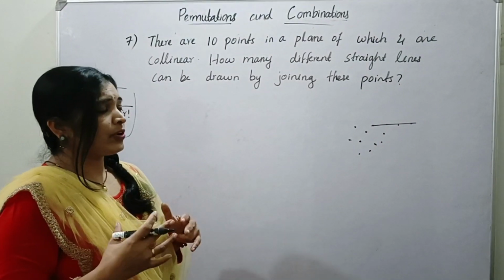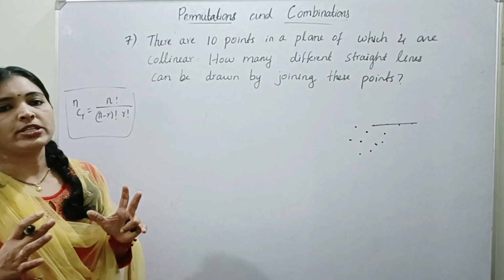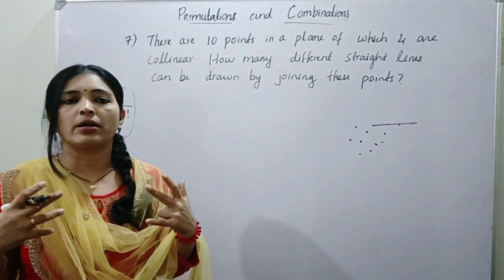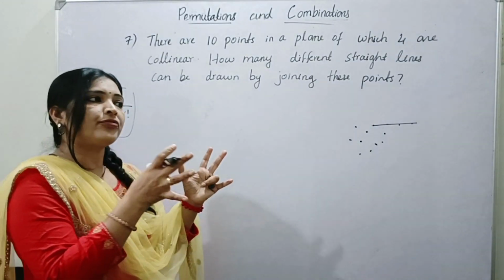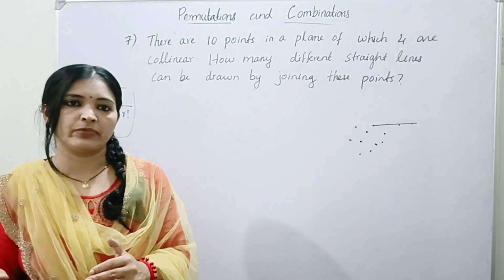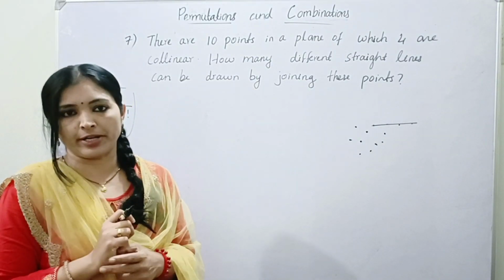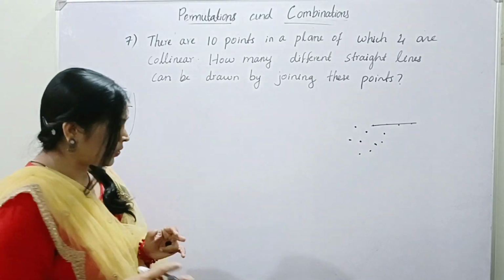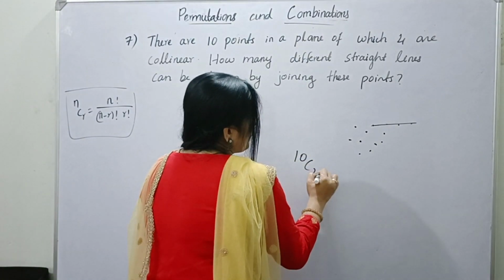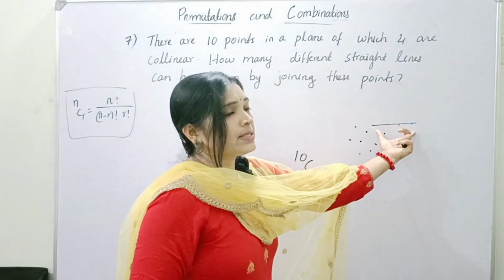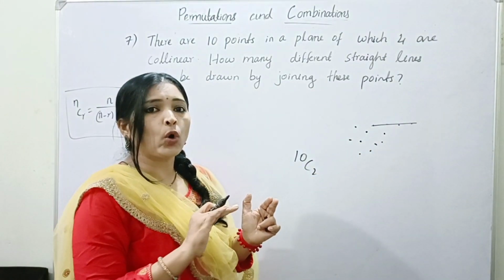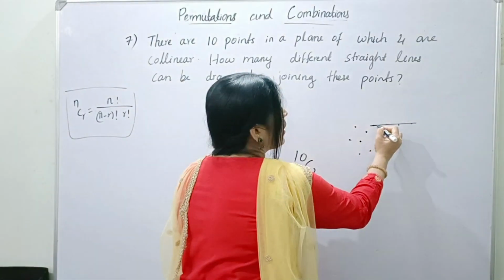First we will find the number of different straight lines out of 10 points, taking 2 at a time. We know that for a straight line we need 2 points, right? So 10C2. And since these 4 points are collinear, we can make only one straight line here.